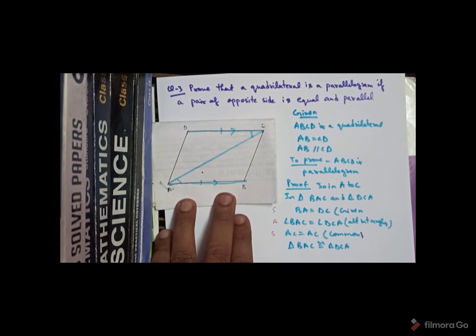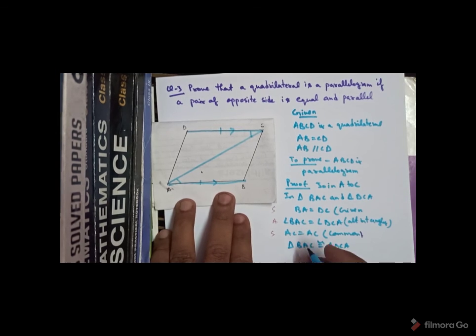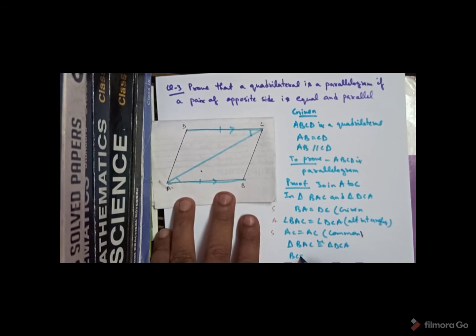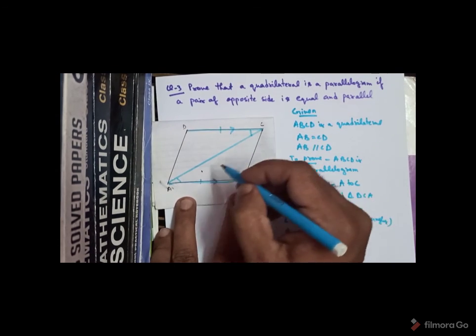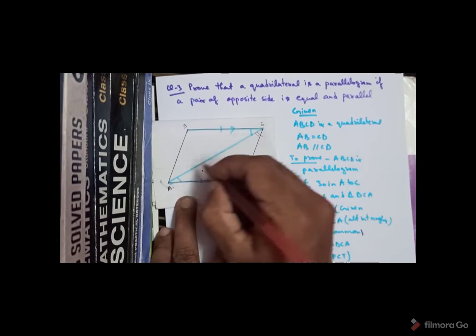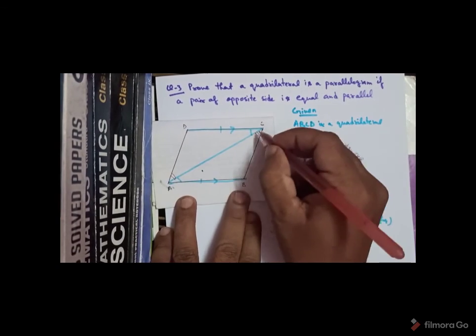Okay, and if these two triangles are congruent, we can say that BC is equal to AD by CPCT, and angle BCA will be equal to angle DAC. Why?